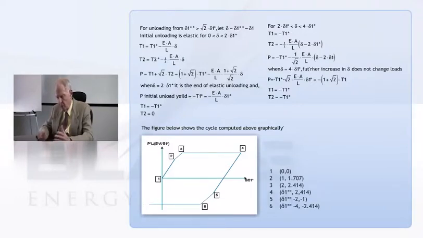So the slope between 4 and 5 is the same as the slope between 1 and 2. And similar arguments will lead you to believe that the slope between 5 and 6 is the same as the slope between 2 and 3. And obviously the slope from 3 to 4 is equal to the slope past 6. What's interesting is that I can construct the curve from 4 on by doing the following fooling around.